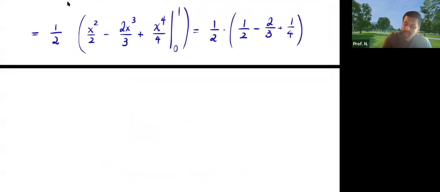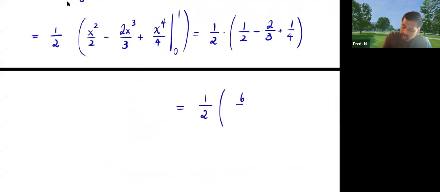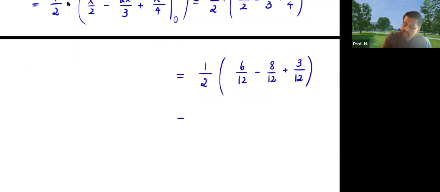So here we just have a sum and subtraction of fractions. So then this becomes 6 over 12 minus 8 over 12 plus 3 over 12. So we get 1 over half. 6 minus 8 is -2 plus 3 is +1.